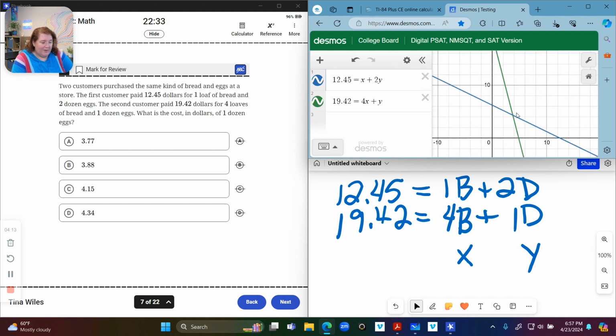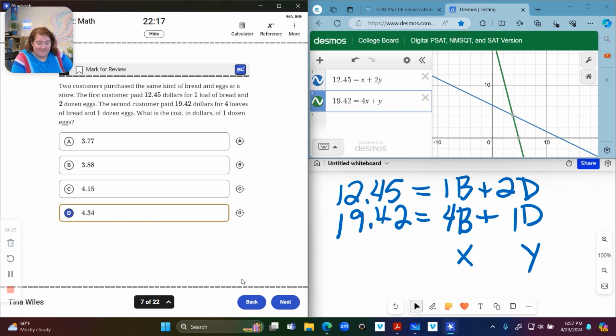I'm looking for where they meet, which is the solution. My x value would be 3.77, which is one of the options, but don't fall for it, because it's asking me for the price of the eggs. The eggs was my y value, which is 4.34.